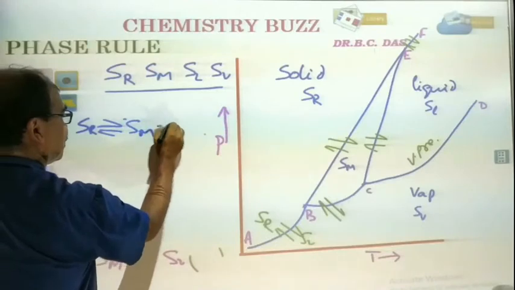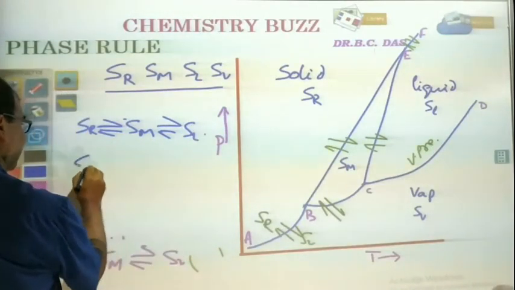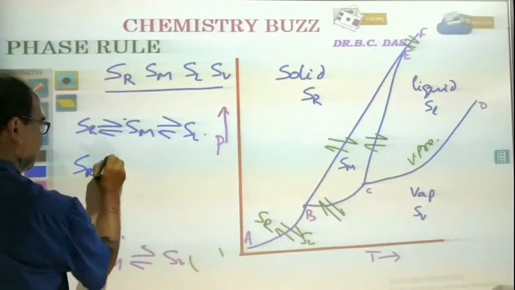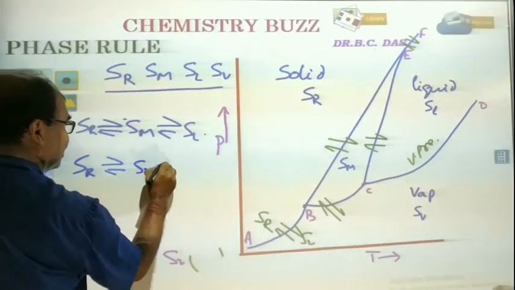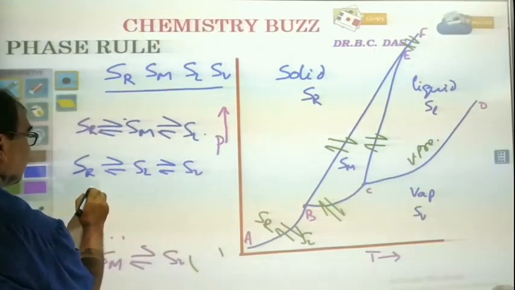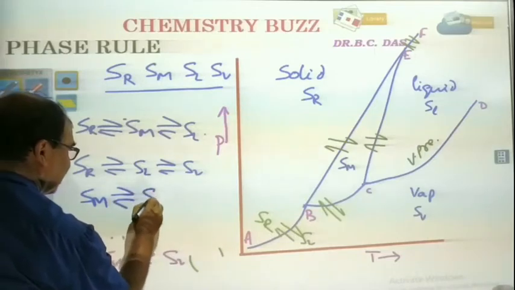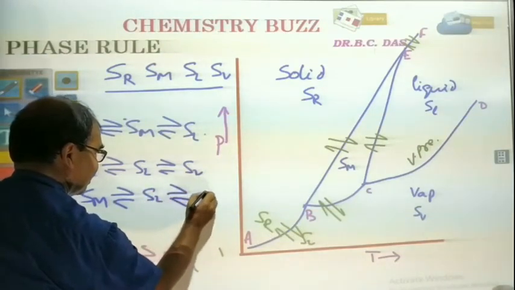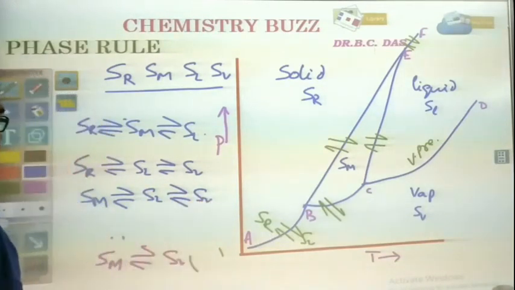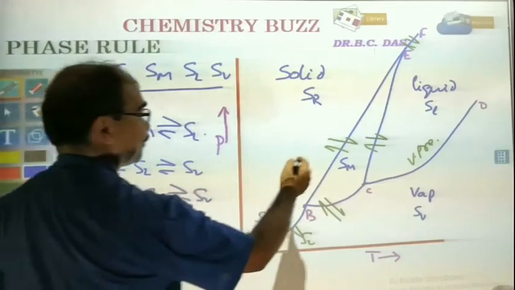So SR, SL, SV, equilibrium. So one more is there.